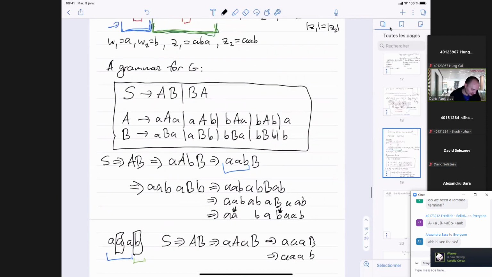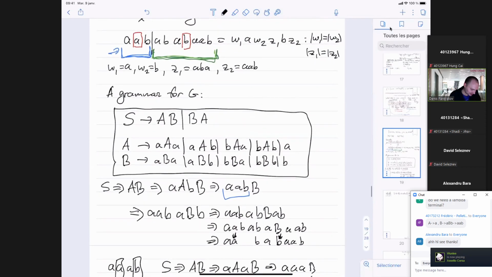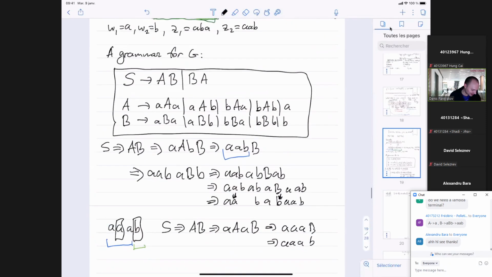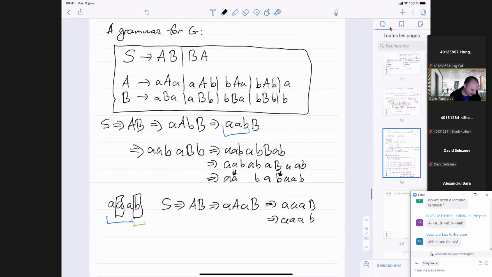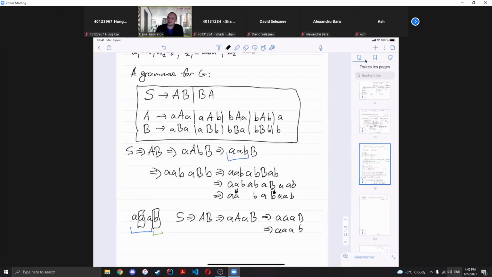Okay, very good. Yeah, I thought it was a complete grammar, but for a second I was confused. Very good. Any other questions for this part?